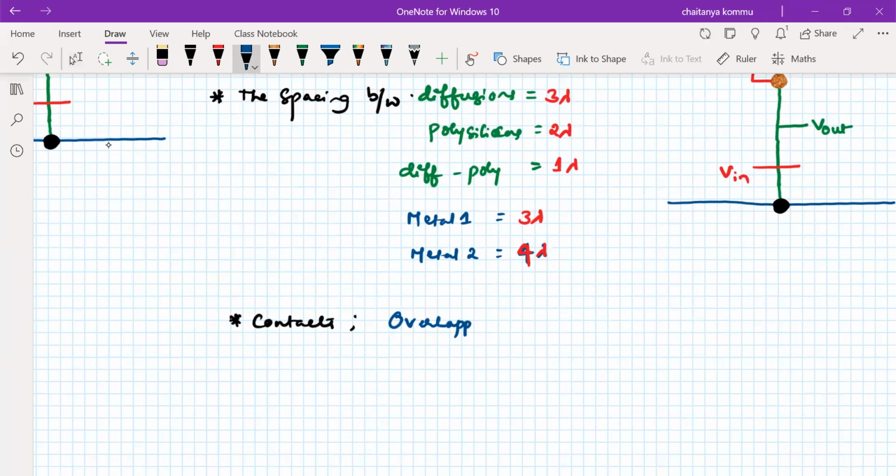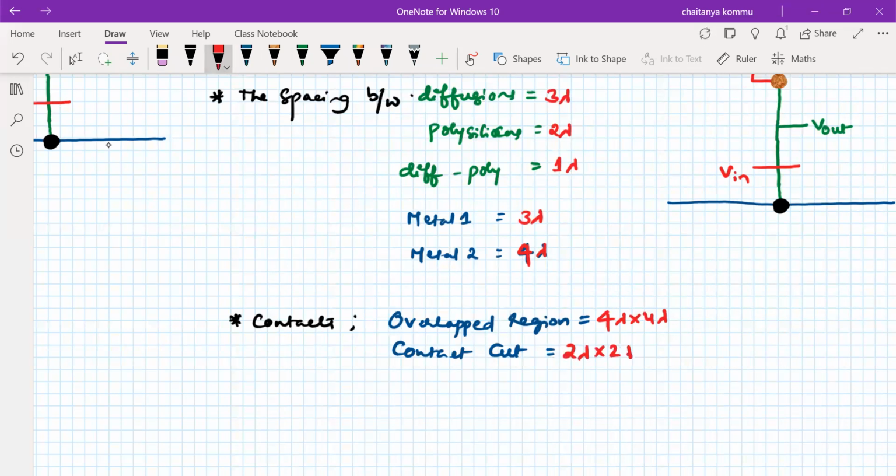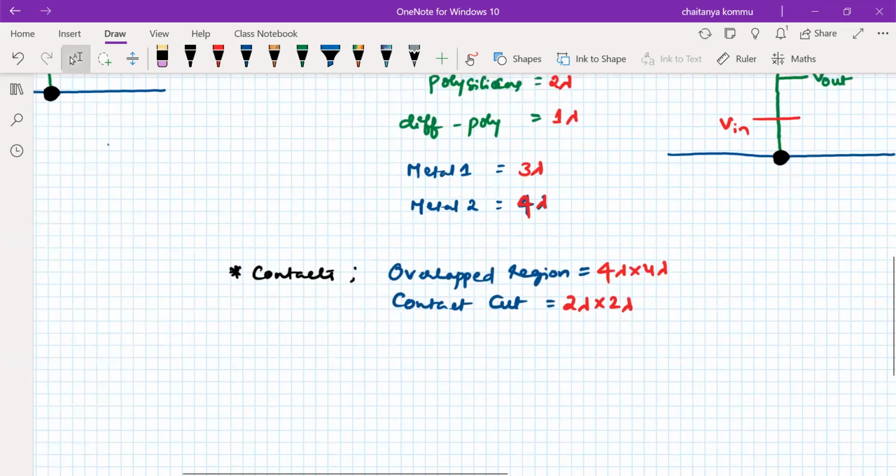Overlapped region should be 4 lambda by 4 lambda. We have to maintain. Okay, and contact cut should be 2 lambda by 2 lambda. Okay, contact cut should be 2 lambda by 2 lambda.